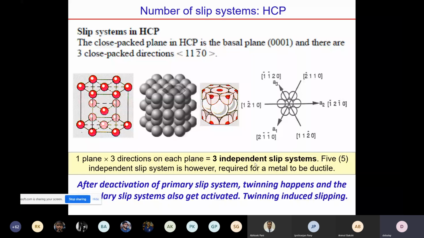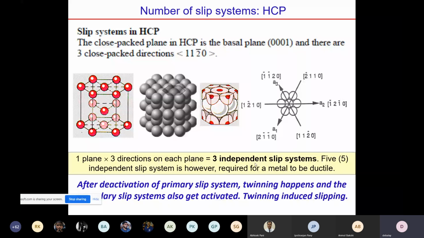HCP is less ductile, because for slip to occur while maintaining continuity, 5 independent slip systems are required, but HCP does not have 5. Therefore, what is the preferred mode of deformation in HCP?